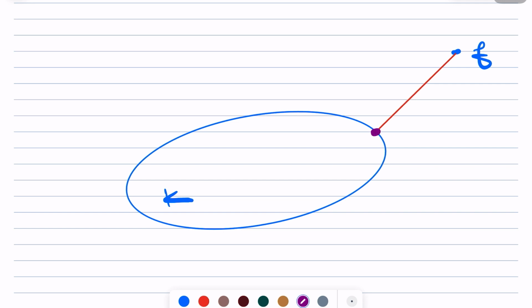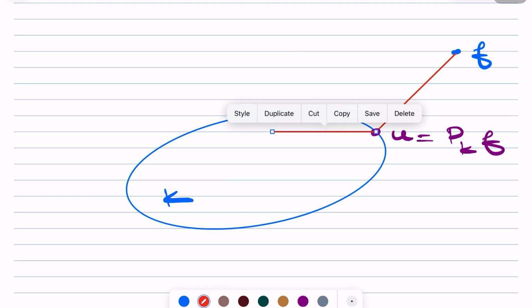This is the projection of f onto the closed and convex set K. Say we pick another vector v here like this. So this angle theta should be, obviously, greater than pi over 2.